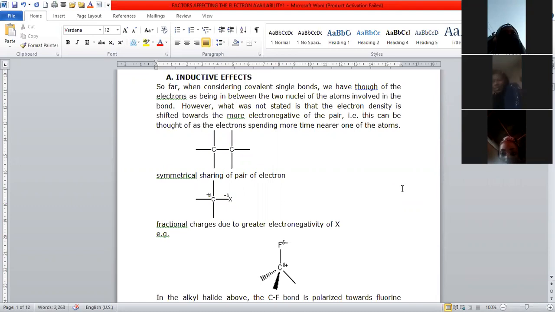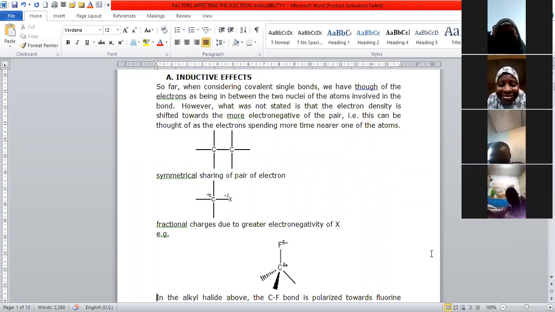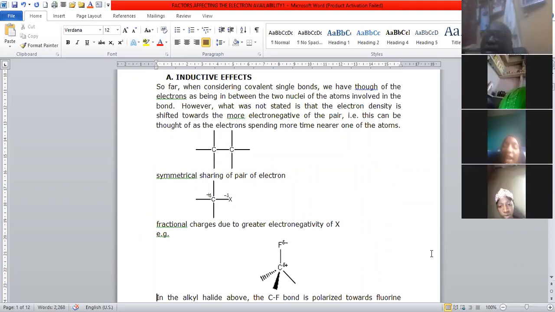Because the hydrogen atoms attached to the carbon atom are attached straight to the carbon atom. I think I can answer that, sir. It's because of the electronegativity of the hydrogen and carbon.